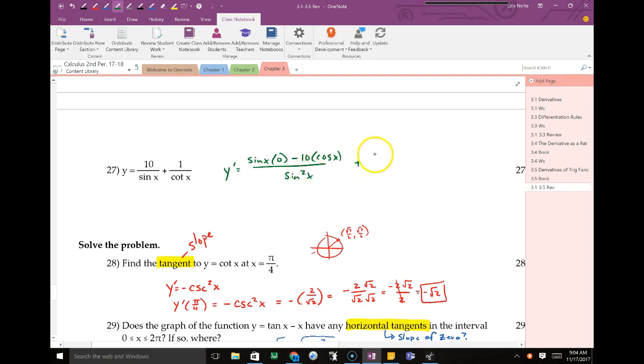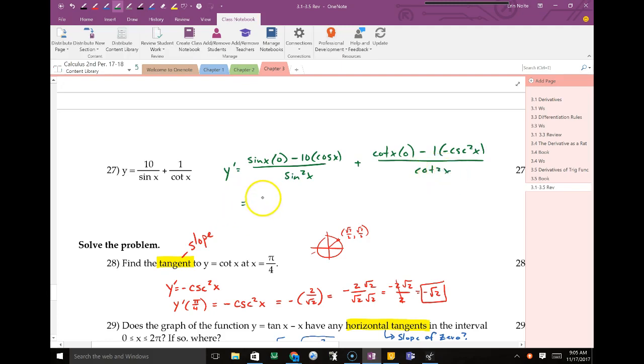On the other one, low starts with a cotangent. D high, derivative of 1 is 0, minus my high times the derivative of cotangent. What's the derivative of cotangent? Negative cosecant squared, right? All over cotangent squared.